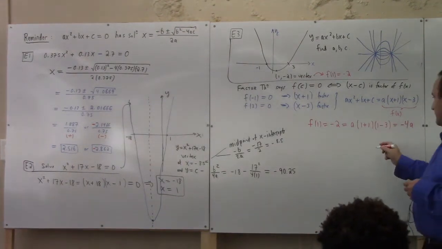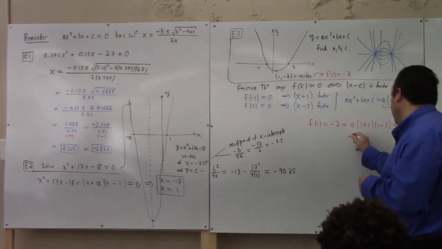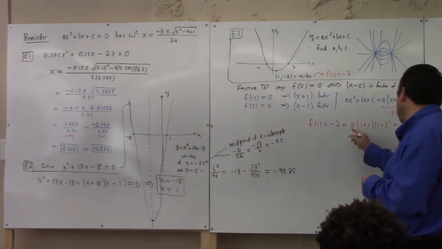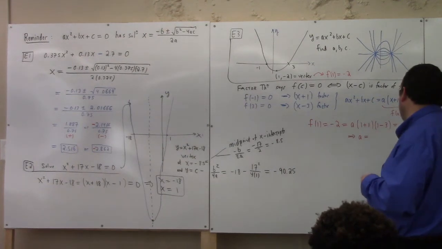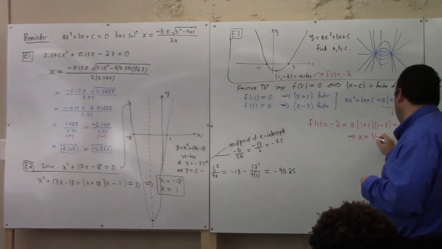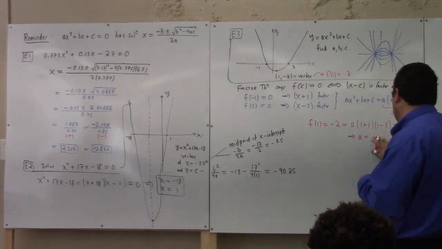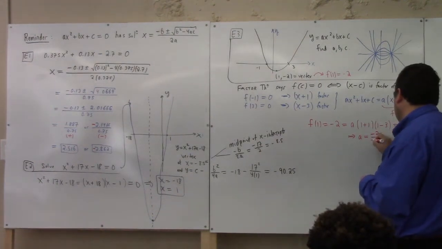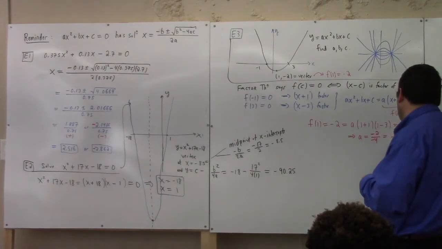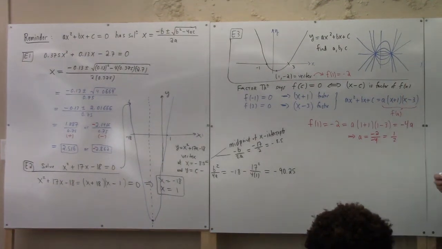Divide both sides by 4... sorry, minus 2 over minus 4, but that's equal to 1/2. Right, so a is equal to 1/2.